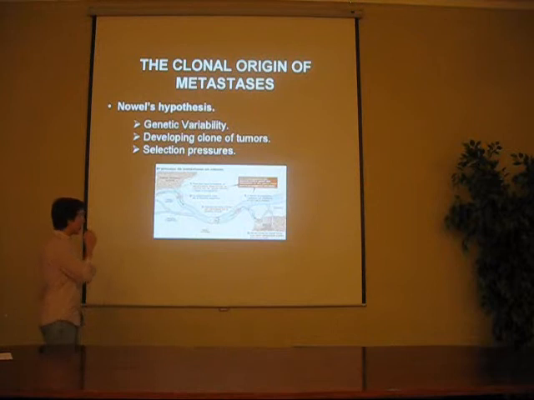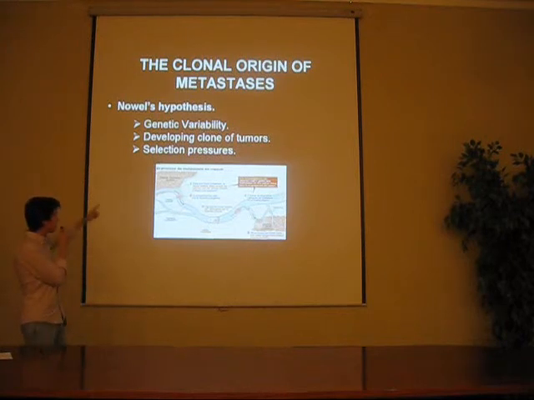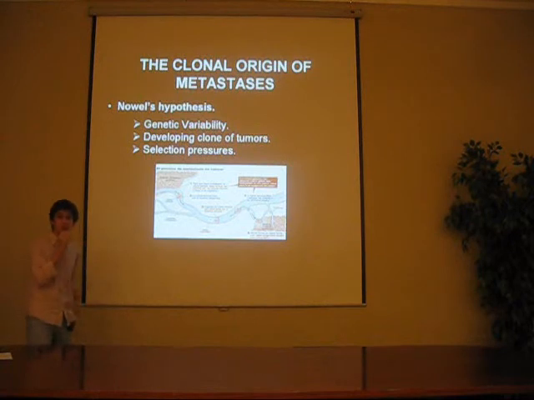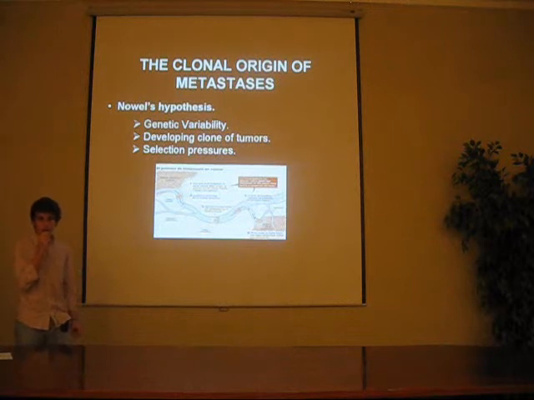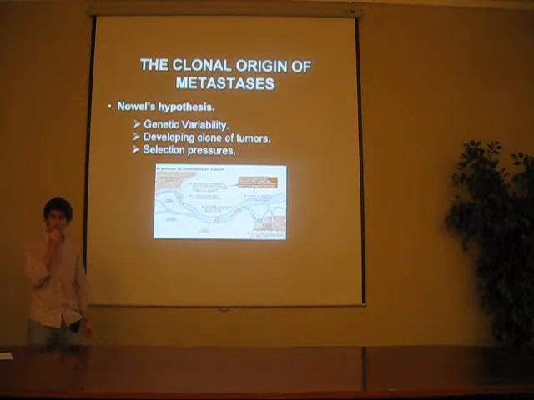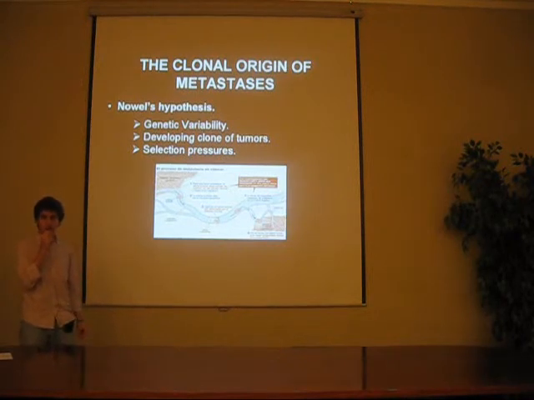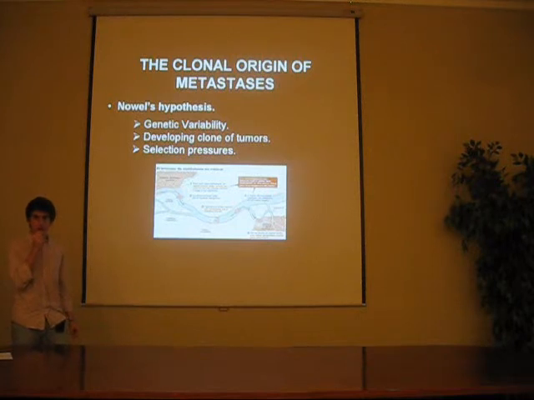Hello, I'm Javi, and we're going to talk about the probability of metastasis. Nowell suggests that acquired genetic variability, developing in chronic tumors under selection pressure, results in the emergence of new tumor cell variants that display increased malignancy. This hypothesis suggests that tumor progression toward malignancy is accompanied by powerful genetic instability of the progressing cells.